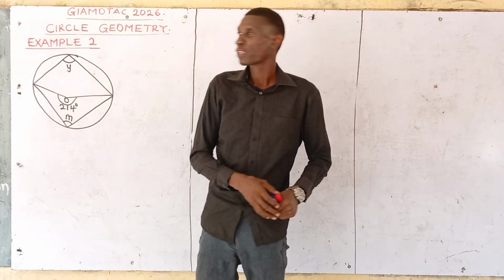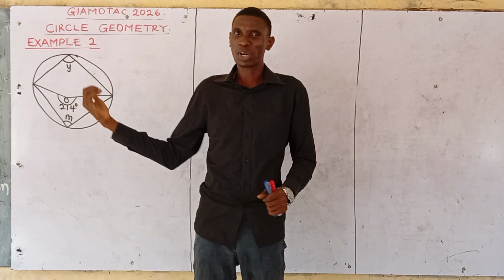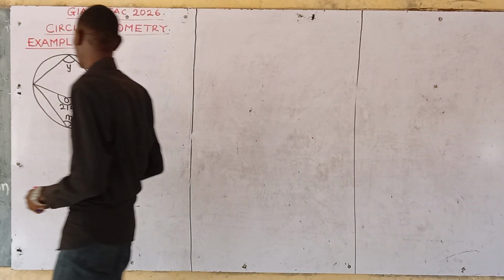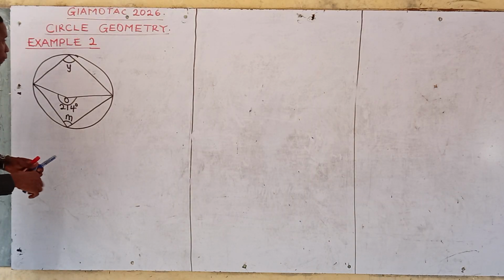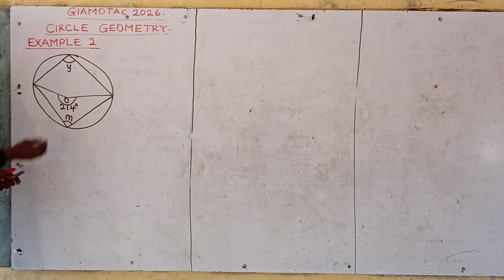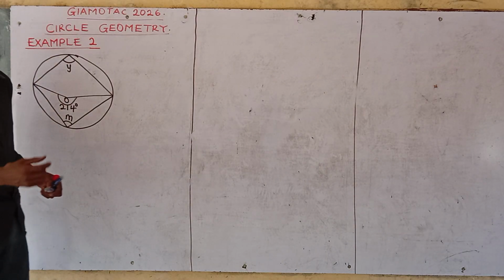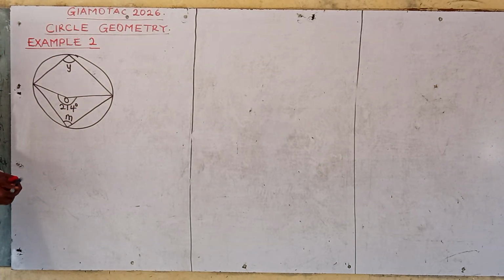So today, as we said in our previous lesson, we are working on example number 2. If you look at example number 2, which is on the board, you will see that this question is entirely different from the one we solved previously. How do we solve this question?